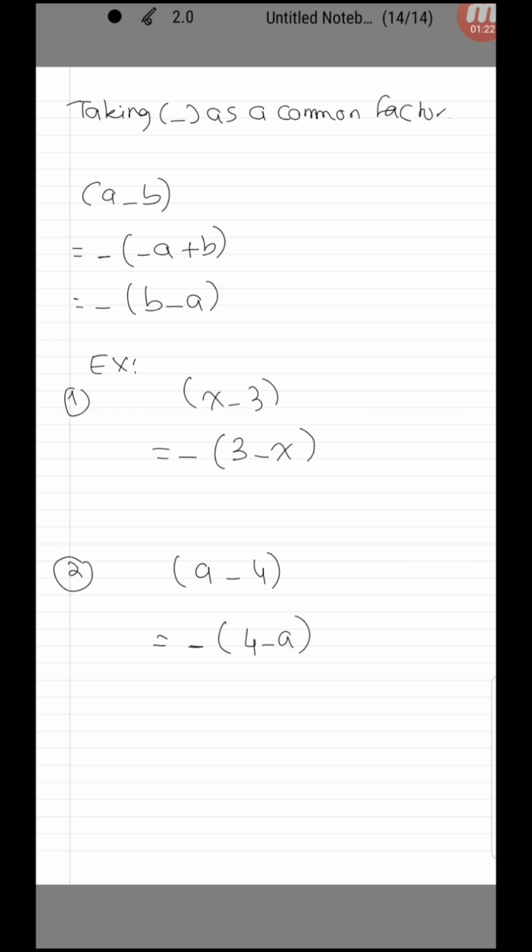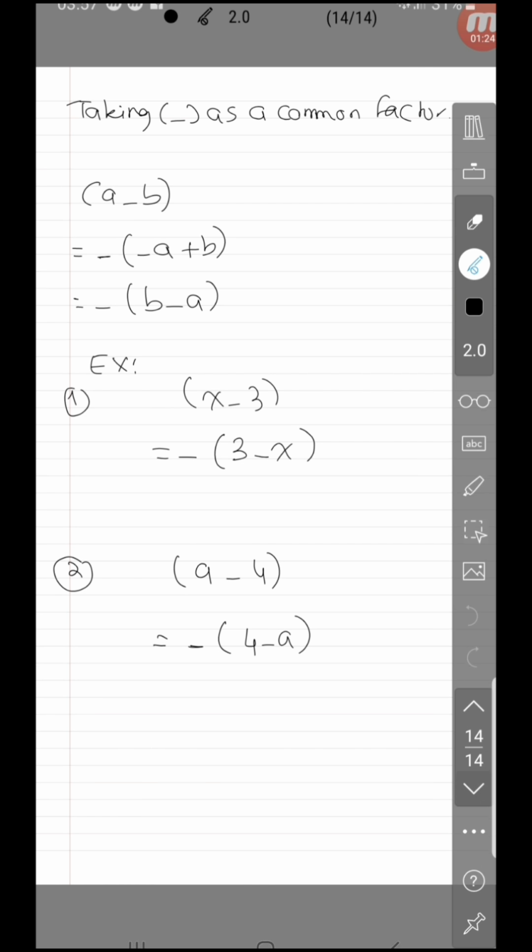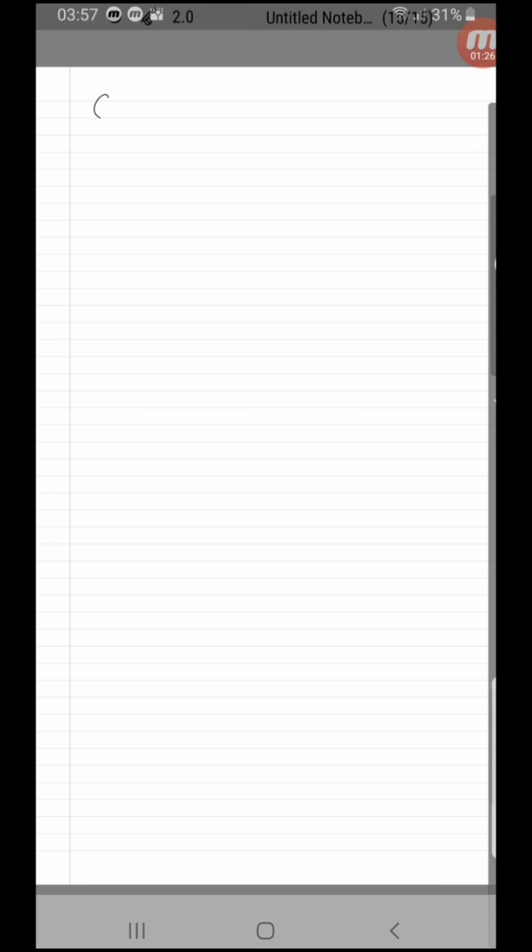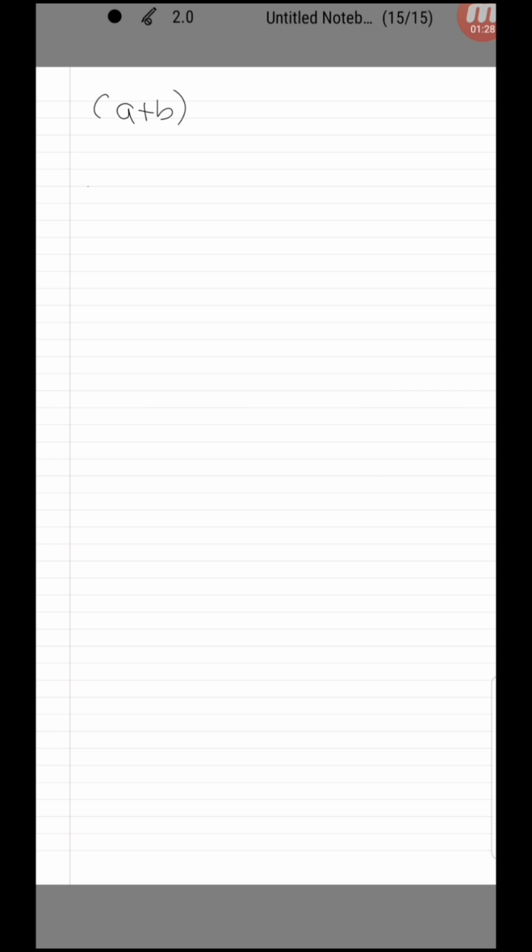Okay? Now, let's say I have a plus b, and I take minus as a common factor. Of course, it will not become b plus a. It will become minus a minus b.